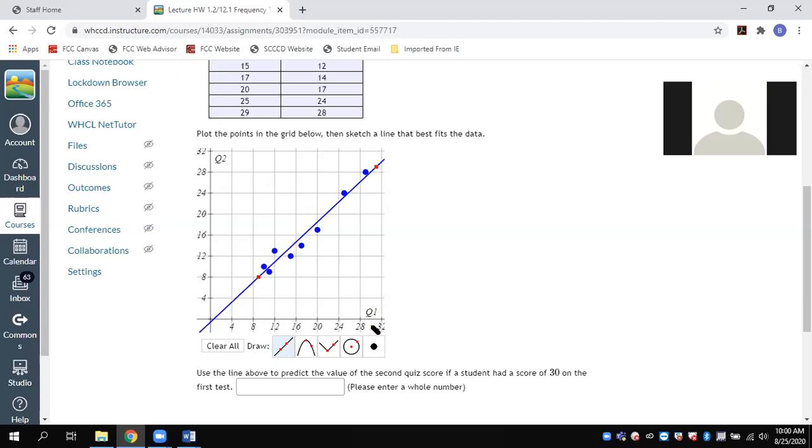Students that did better on the first quiz also tended to do better on the second. Not always, not exactly, but you can see how the dots kind of go up a line, don't they? In other words, there's a positive linear relationship between quiz 1 scores and quiz 2 scores, and that makes sense. Usually, students who did better on quiz 1 also did better on quiz 2.